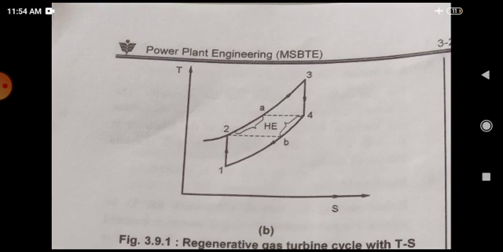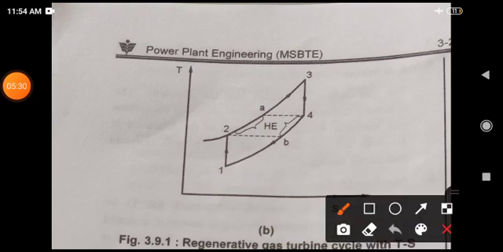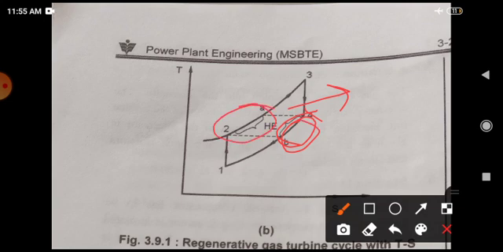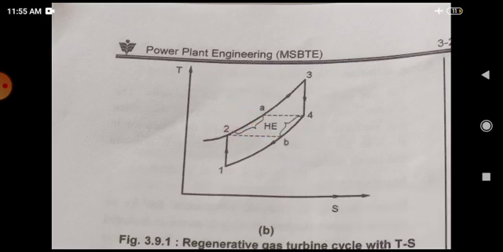Then 4 to 1, you can see at these points, the gas is expanded in the turbine, and the exhausted gas is again brought in contact with the compressed fluid. Here the fuel is added, at this location, 2 to 3, fuel is added, and while this happens, the heat exchange is also done.